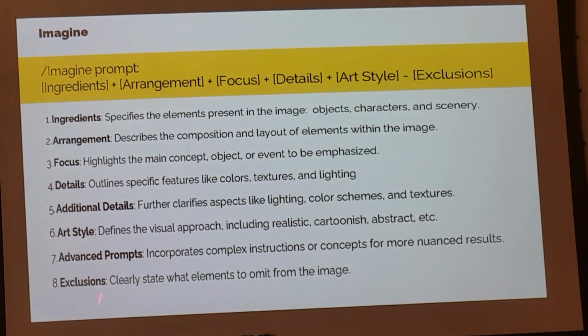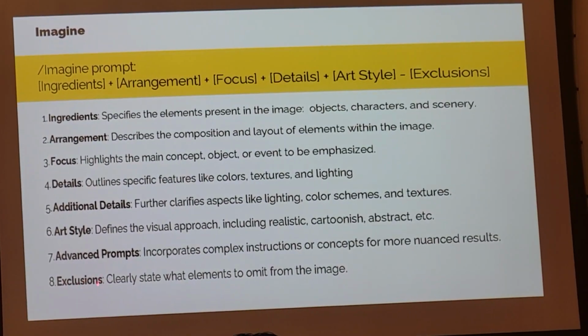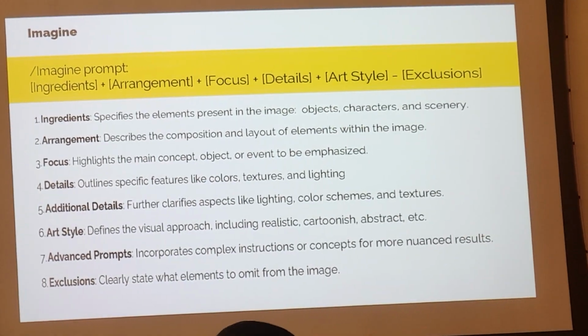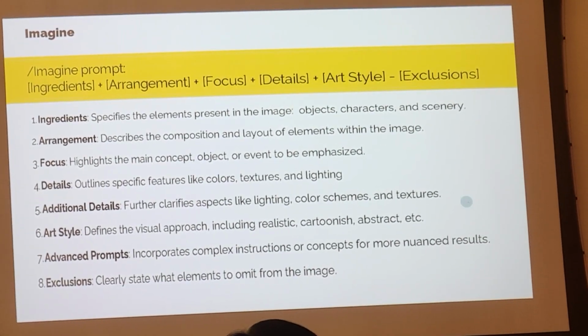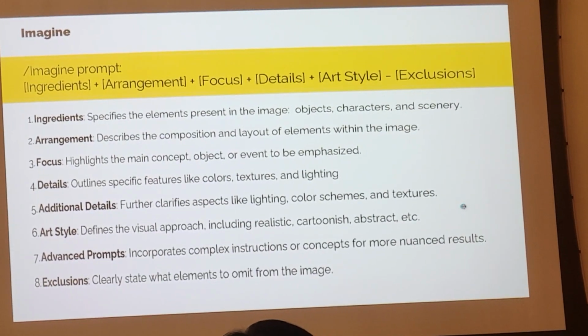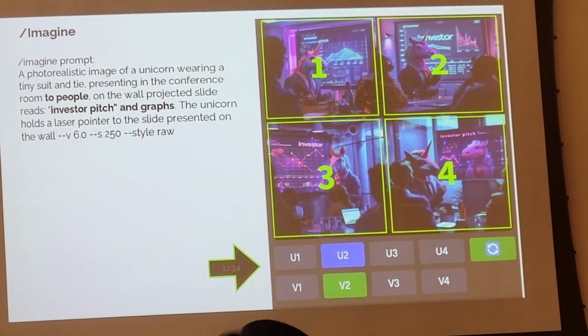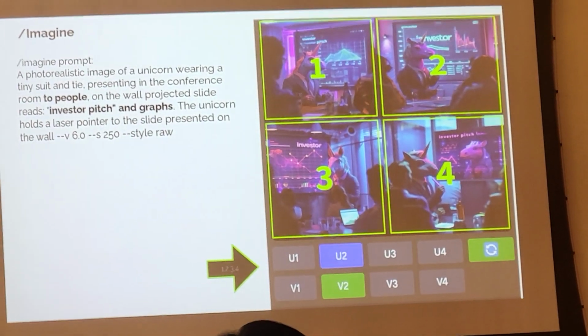Art style defines the style, and exclusions is what not to include in the picture. Maybe if it's a logo, then you don't want to have a background and stuff like that. Questions? We're going to demo it very shortly.